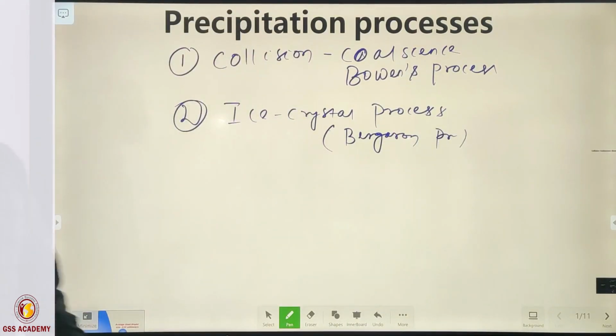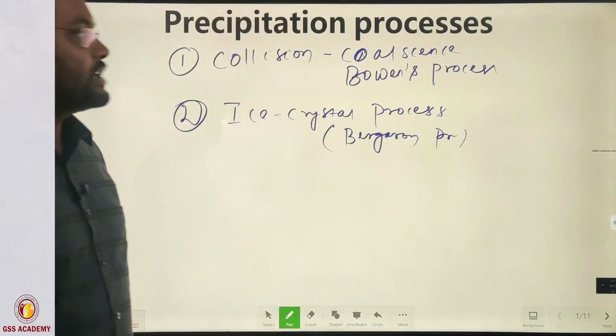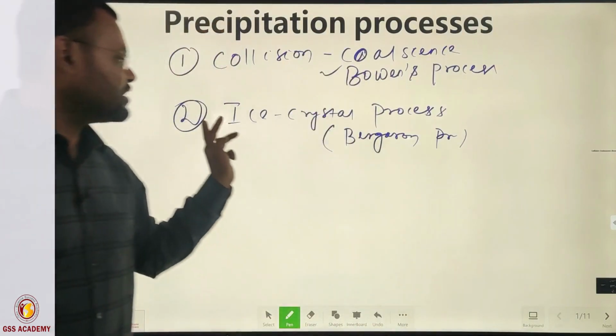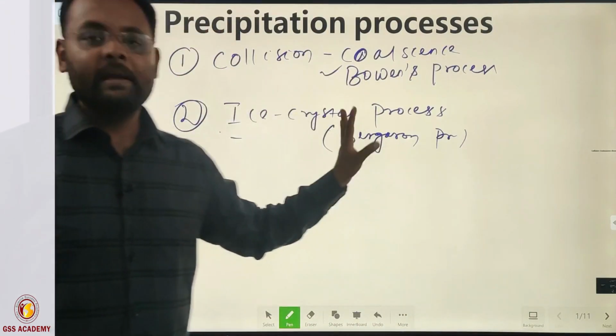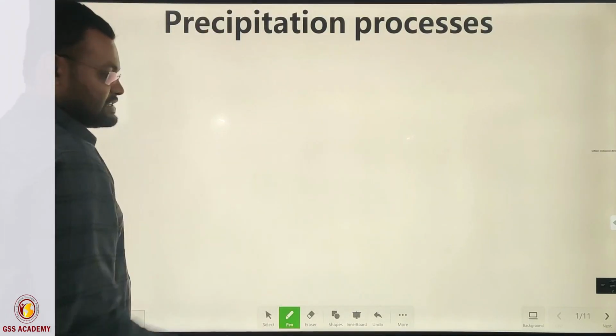So we have two different theories that explain the precipitation process. First one is collision coalescence process, also called Bowen's process, and second one is ice crystal process or Bergeron process. So first we look into the collision and coalescence process.